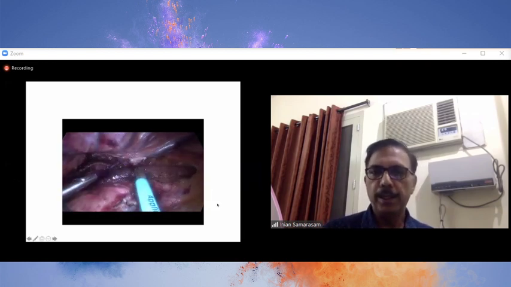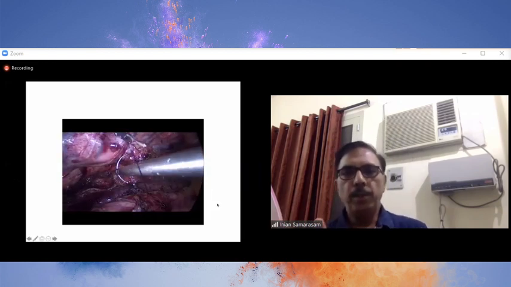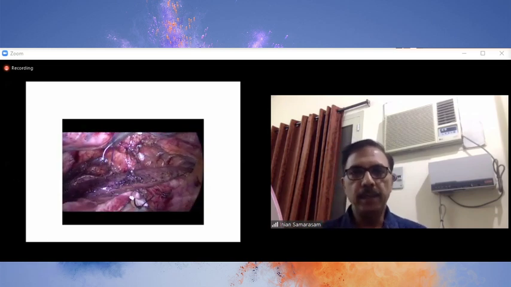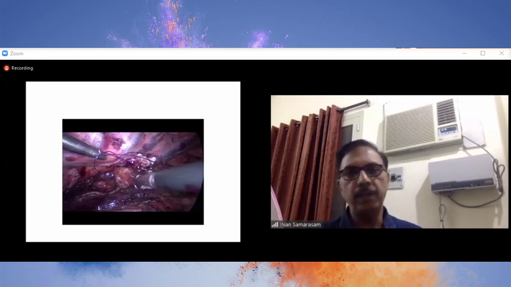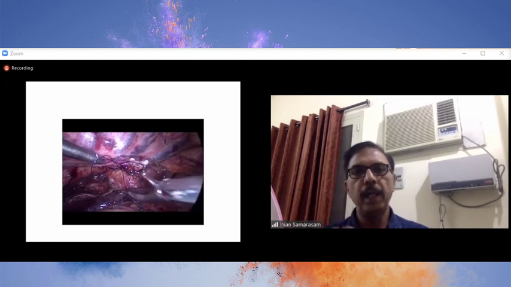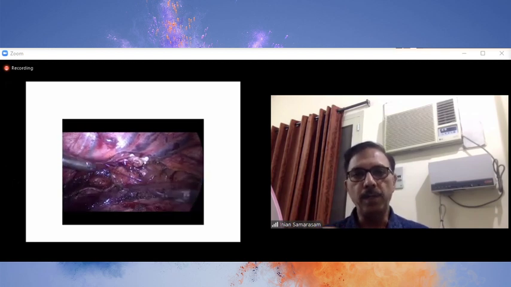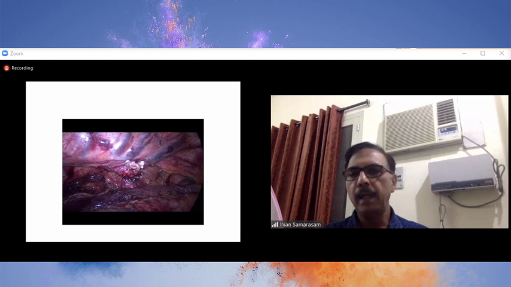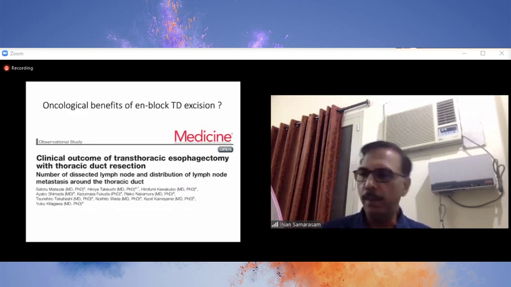So I just showed this to show that if you're not excising the thoracic duct, or ligating the thoracic duct or excising it in every case, be mindful of a small leak that can happen. And if you can suture it like this, so that it doesn't cause any problem in the postoperative phase.